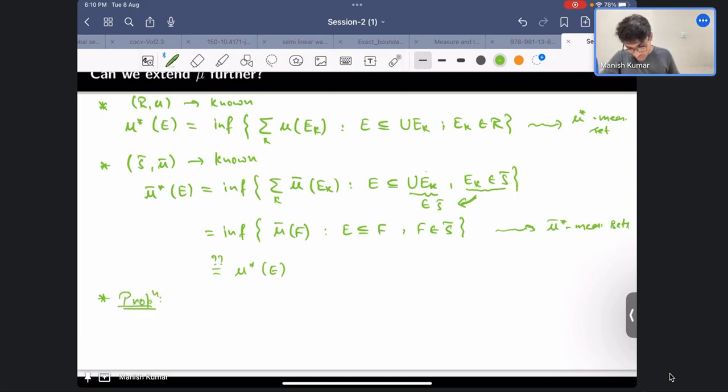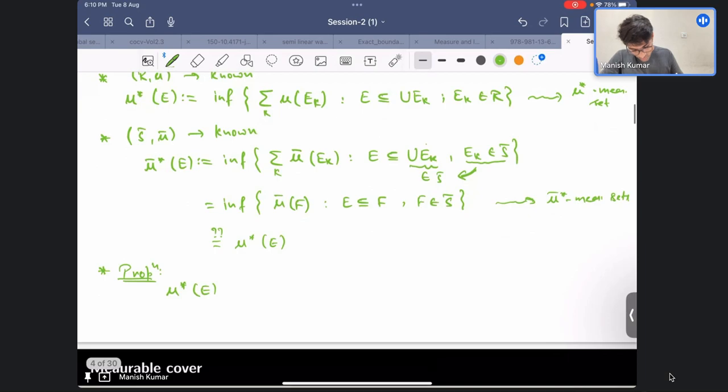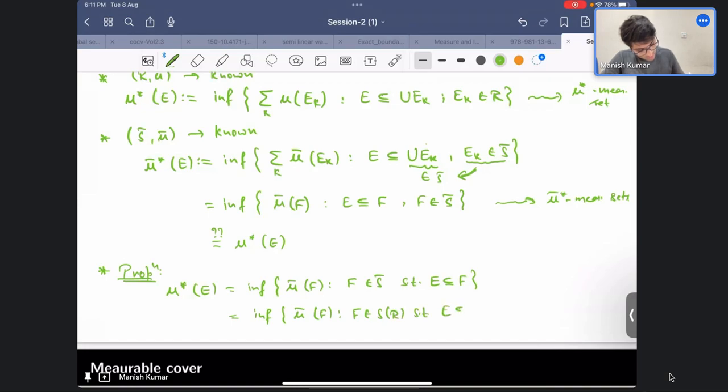The definition is that mu star of E was the infimum of mu bar of F, where F belongs to S bar, such that E is contained in F. Equivalently, instead of S bar, it is enough to take F in S R such that E is contained in F.